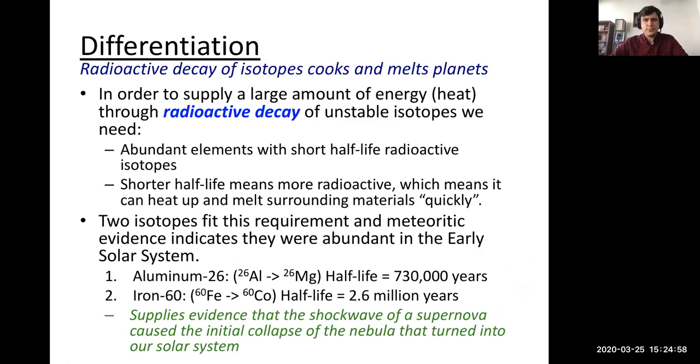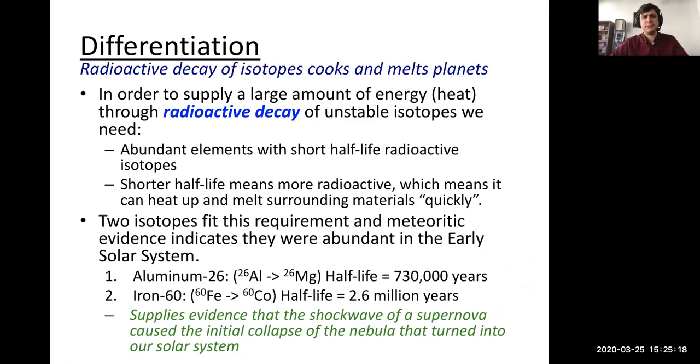So we start with an undifferentiated protoplanet. Everything's evenly mixed, and then the radioactive decay of unstable isotopes provides the heat that we need. But we need to get all this energy dumped into the protoplanet shortly after formation. We need a very radioactive element.